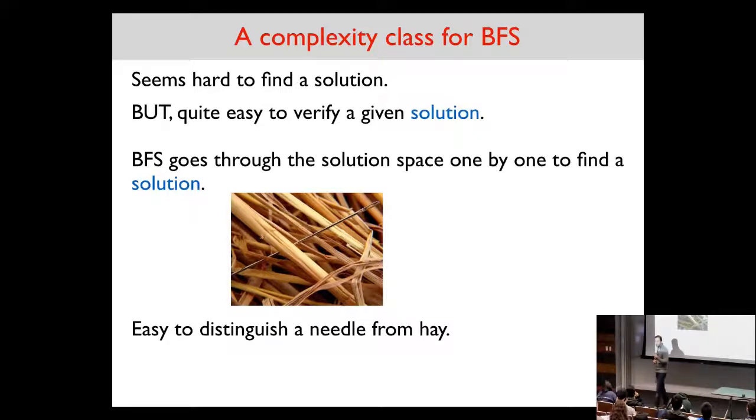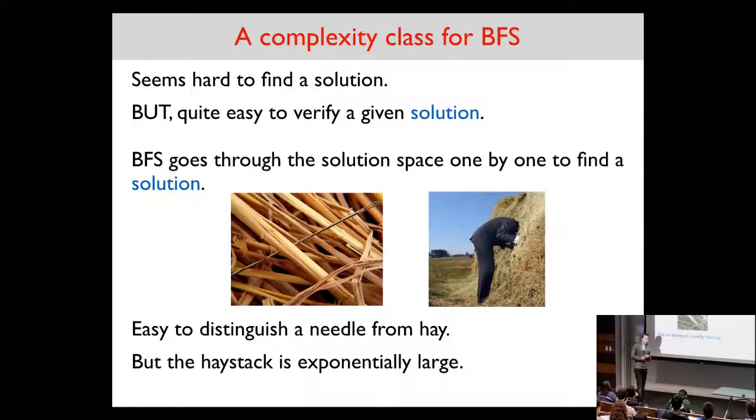The good thing is, if you see a needle, it's easy to distinguish it from hay. So for the proof, you can indeed verify that it's a correct proof. You can identify the needle. But the problem is, this haystack is exponentially large, and this algorithm takes a lot of time to find it.